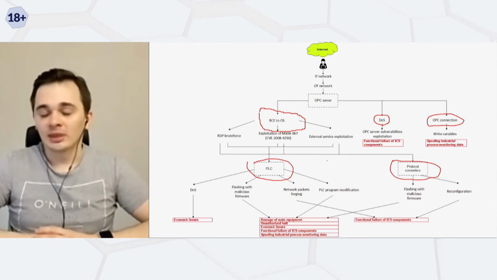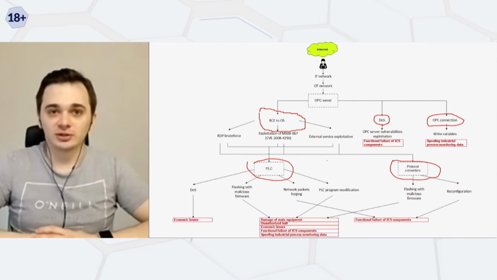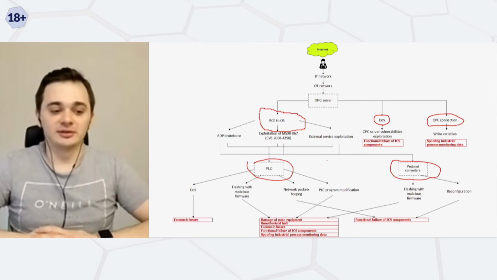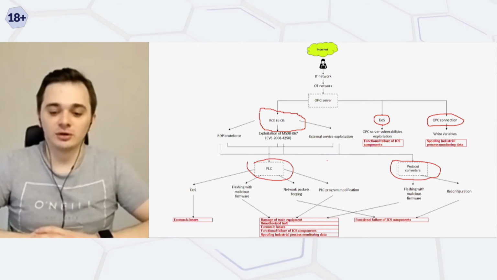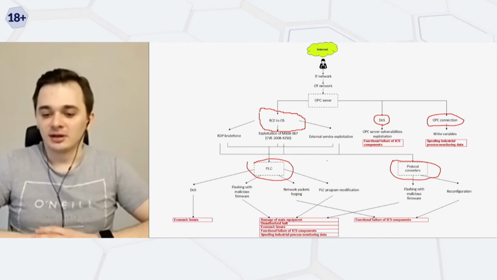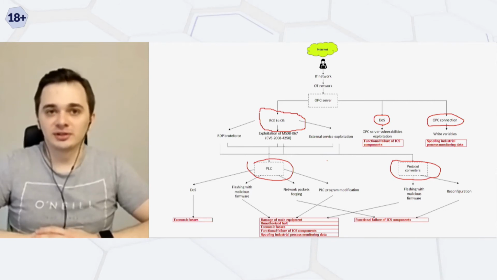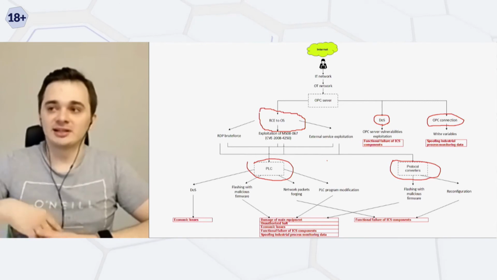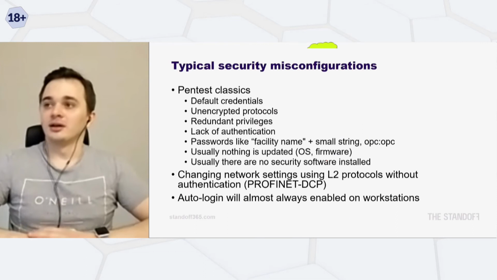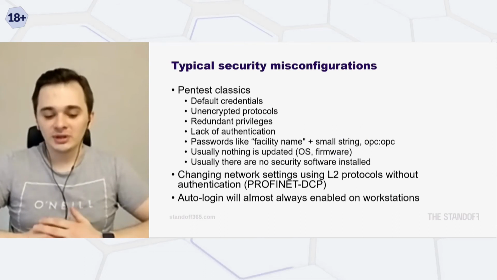So we tried to understand whether there were any capabilities for us to flash it with malicious firmware or to reconfigure. And actually, it turns out that yes, it is possible. And if you can reconfigure, then this can also cause a failure of SCADA or ICS, industrial control system components.